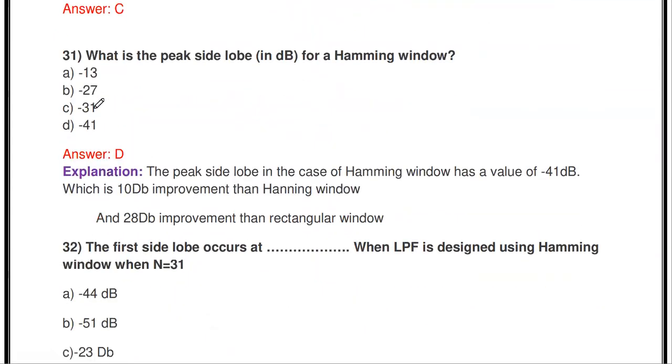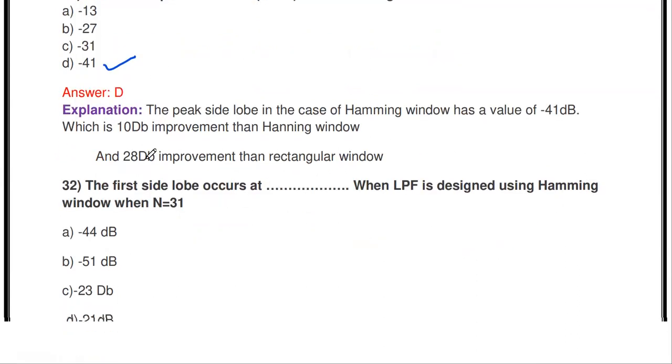The next thing: what is the peak side lobe for the Hamming window? Minus 41 dB. Minus 13 dB is for the rectangular window, minus 31 is for the Hanning window, and minus 41 dB is for the Hamming window.